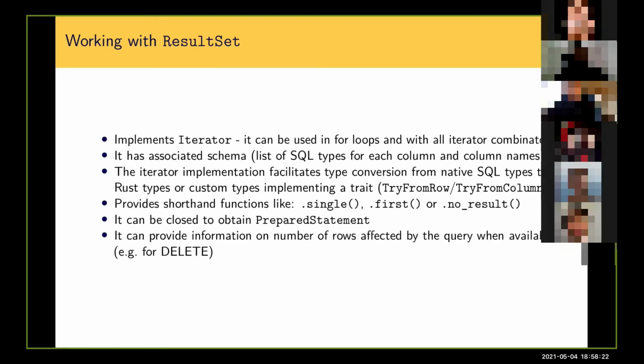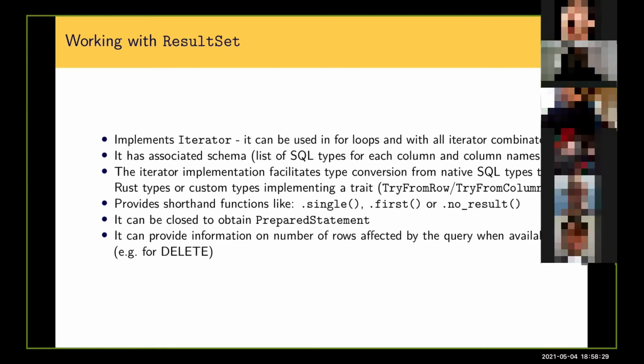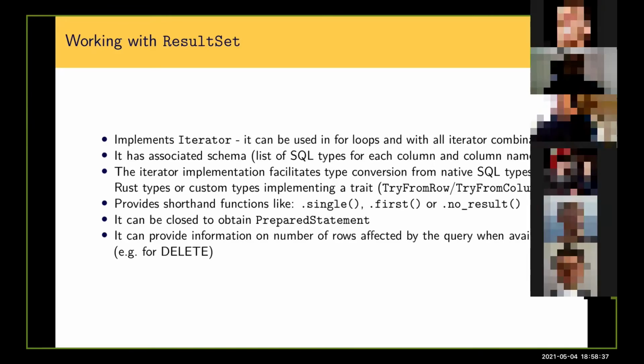So, working with ResultSet. The main object you interact with here is this result set, and that's the thing that implements the iterator interface. And that's what you get from different ways of executing queries. Because it implements the iterator trait, it can just be used in loops, and each item is a row of the result.